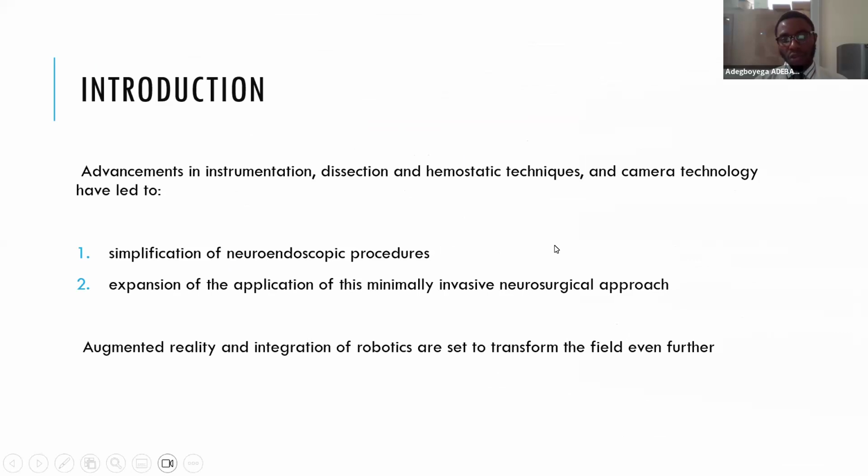Advancements in instrumentation, dissection, and hemostatic techniques, as well as camera technology, have led to the expansion of the application of neuroendoscopy.